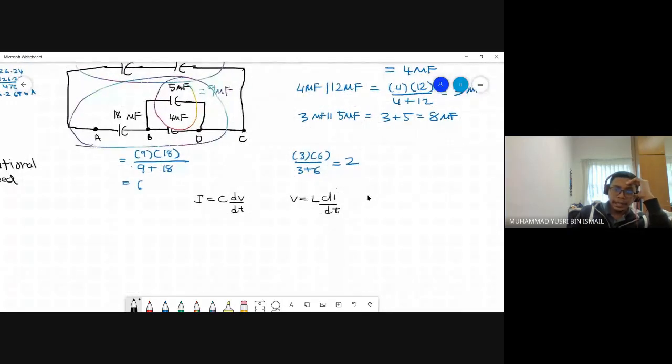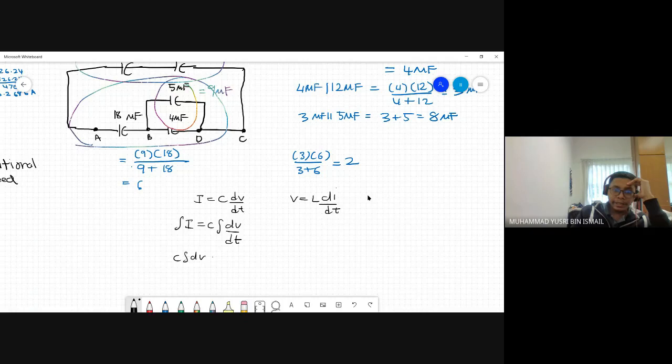Then integration of I equals C integration of dV over dt. So bring dt to the left hand side: C dV equals I dt.